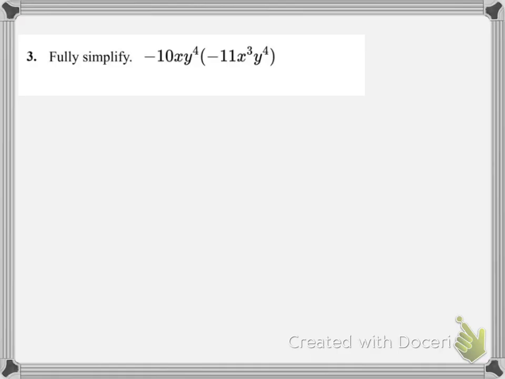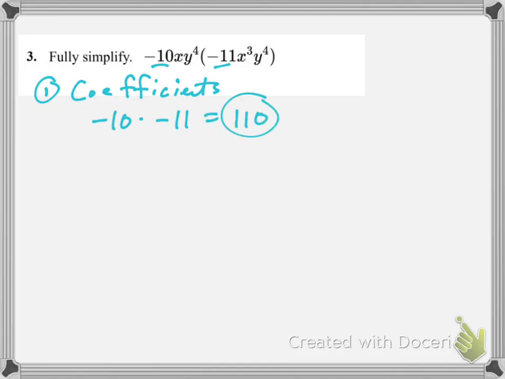Okay, last one. First, coefficients. So I've got negative 10 times negative 11, which is positive 110. Okay, now I have x and x to the third. So x times x to the third.